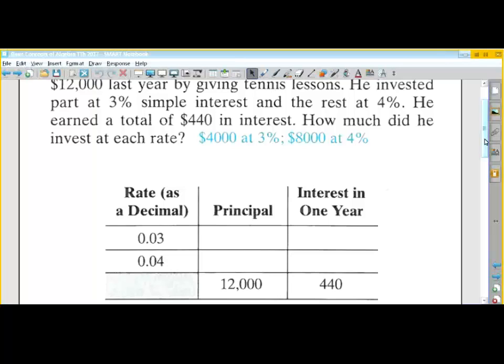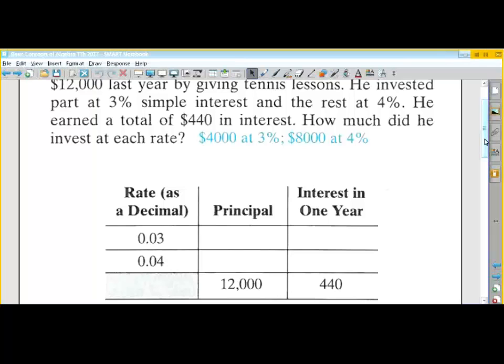Instead of percent solutions, we have percent interest. Instead of liters of solution, we have principal, and instead of liters of the acid, we have that. But it's a similar type of table.